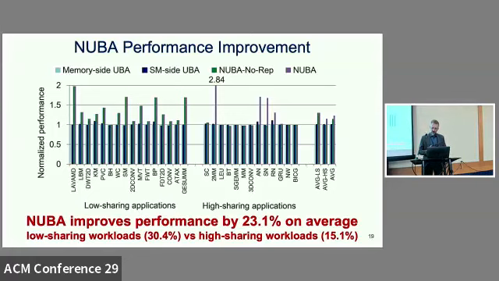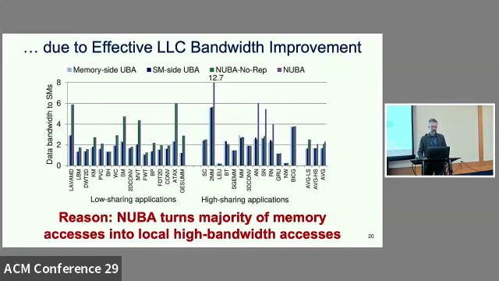But for the high sharing applications, we actually need that data sharing feature. The performance benefit really comes from increased effective LLC bandwidth, as you can see in this result. The fundamental reason is that NUBA turns the majority of memory accesses into local high bandwidth accesses.